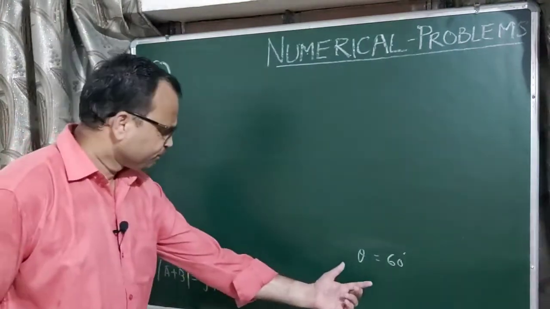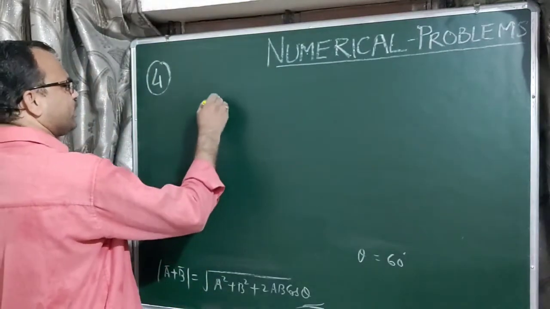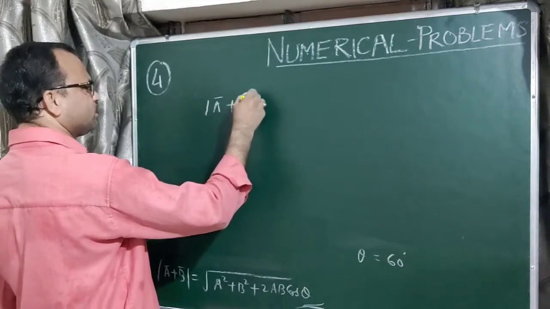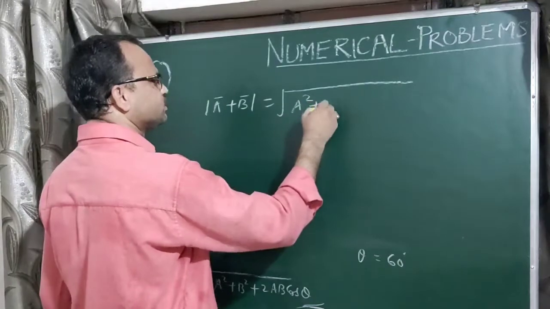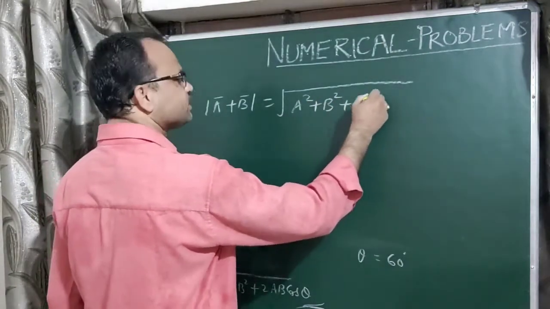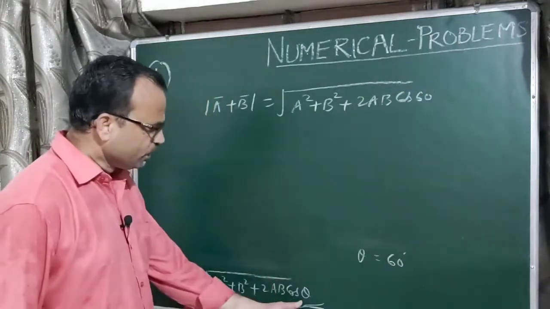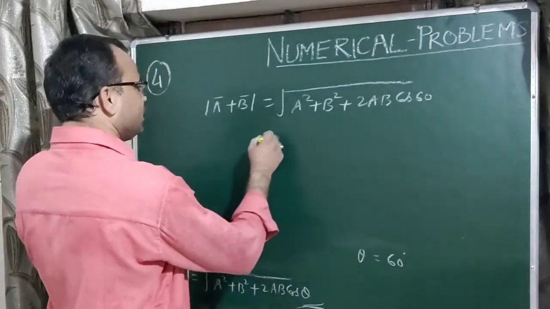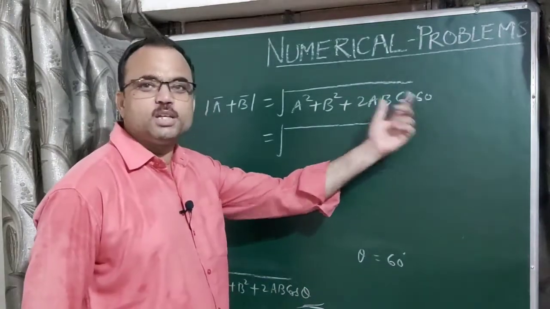Now put the value of theta. So mod A vector plus B vector equals under root A square plus B square plus twice AB cos 60, because the value of theta is 60. The value of cos 60 is 1 by 2.